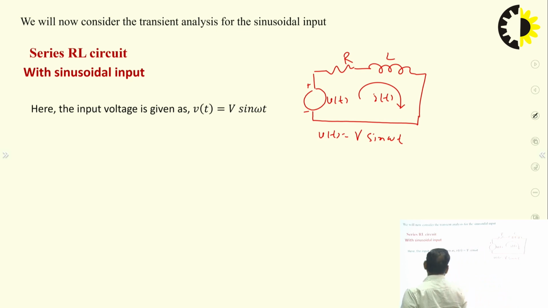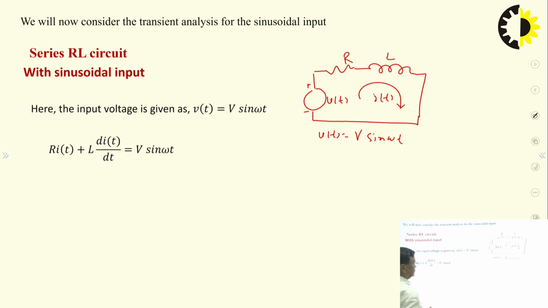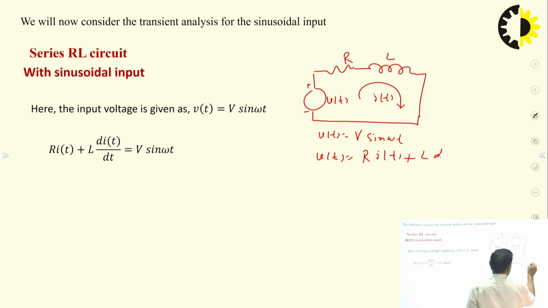So, the input voltage is v(t), which is V sin omega t. Applying Kirchhoff's voltage law in this loop, we can write v(t) is equal to R i(t) plus L di(t)/dt. Simple Kirchhoff's voltage law, and v(t) is equal to V sin omega t.